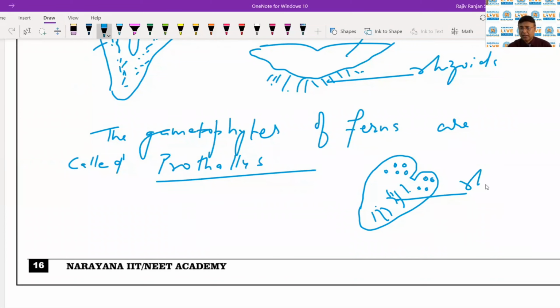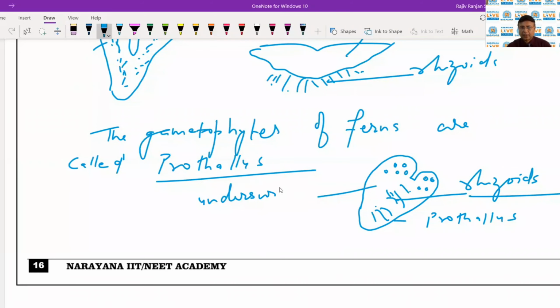So rhizoids are also present on the undersurface of a prothallus. It is the prothallus, and it is the lower surface. It is the undersurface of the prothallus.